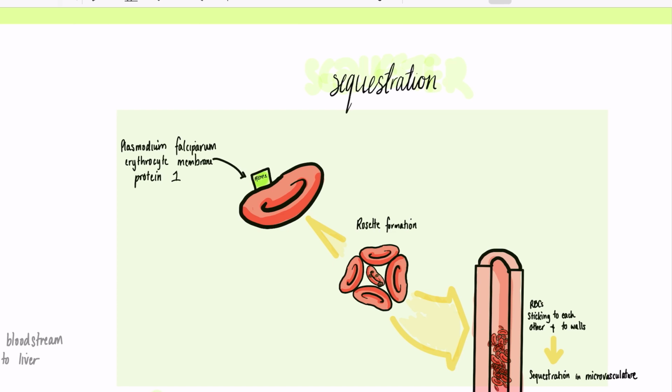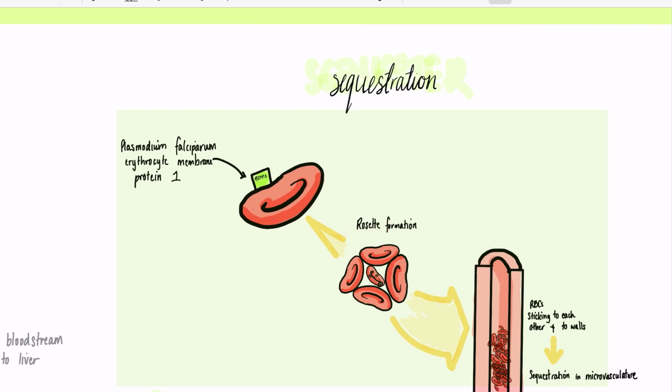So Plasmodium falciparum, once it infects red blood cells, causes the expression of this little protein called Plasmodium falciparum erythrocyte membrane protein 1, or PfEMP1. What this protein does is cause red blood cells to stick to each other, forming what are called rosettes.